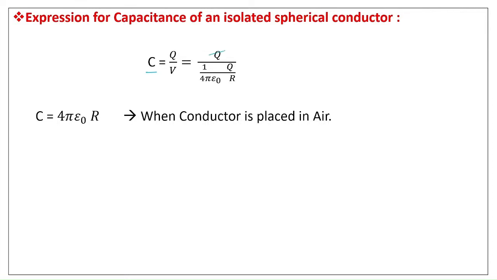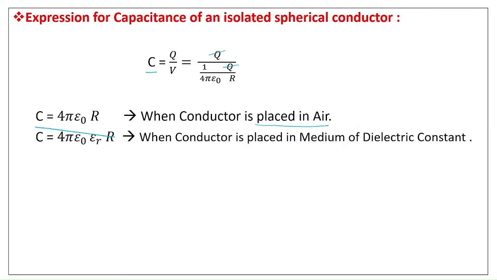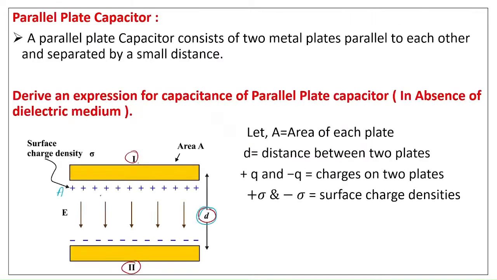On cancelling Q from numerator and denominator, we get C is equal to 4 pi epsilon naught R. This equation is for when the conductor is placed in air. Similarly, C is equal to 4 pi epsilon naught epsilon R into R. This equation is for when the conductor is placed in a medium of dielectric constant epsilon R.